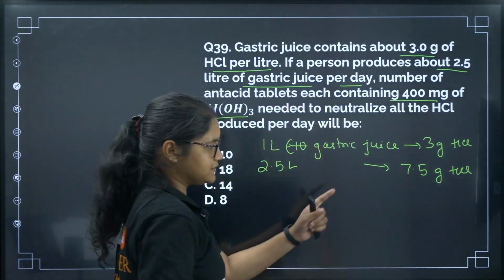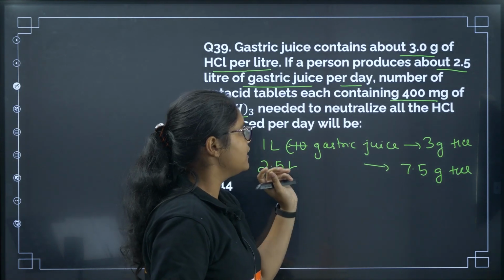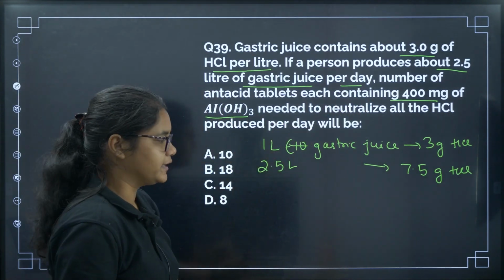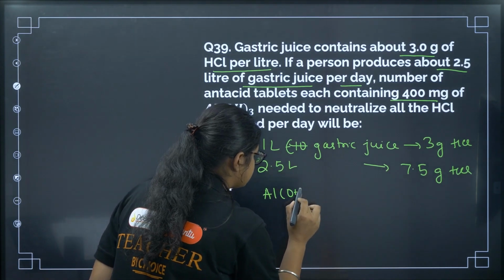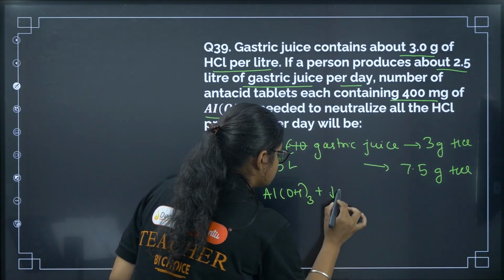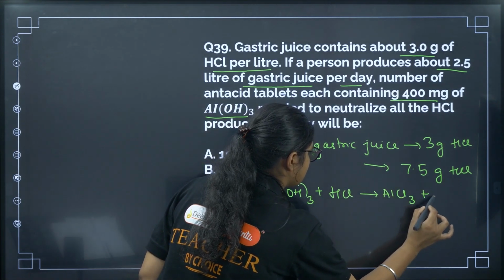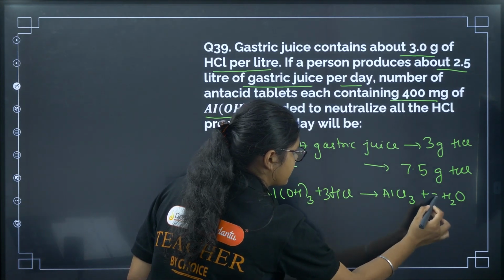Okay. Now, this HCl is neutralized by aluminum hydroxide, and in each tablet there is 400 milligram of aluminum hydroxide. Now, first let us write the reaction between the aluminum hydroxide and HCl. So, if this will react, we will get aluminum chloride plus water. Okay. So, to balance it, I can put 3 and here also 3.